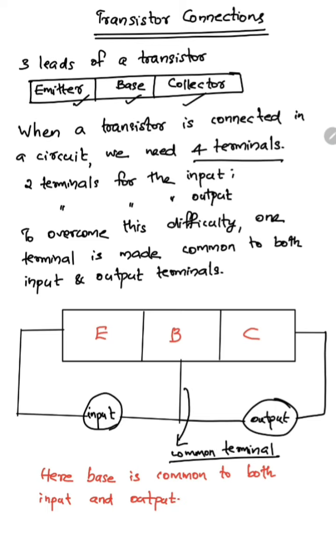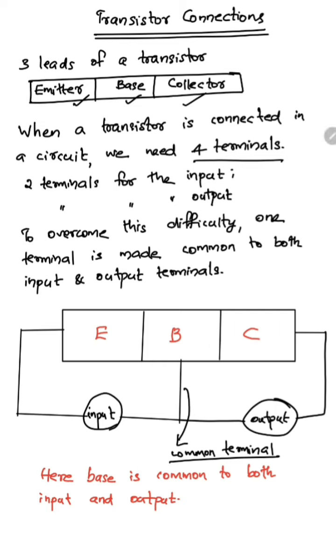But we can overcome this difficulty by making one of the terminals common to both input and output terminals. Through this method we can avoid one terminal, so we need only three terminals. In three ways we can do that.